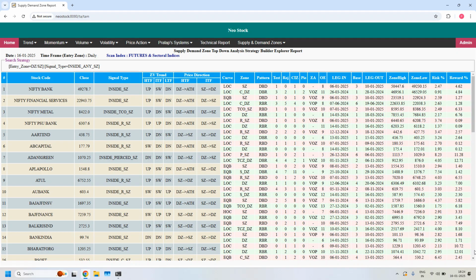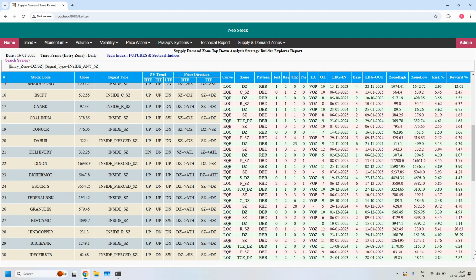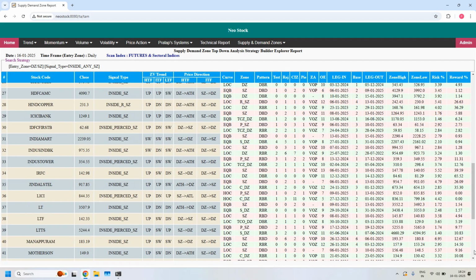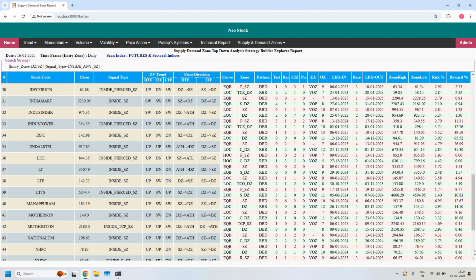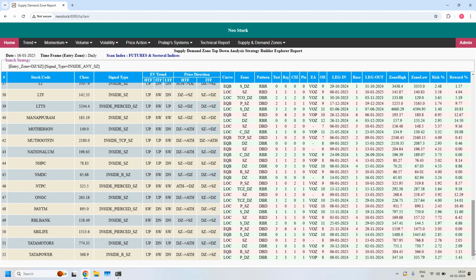I am scrolling the list down. So total 52 stocks are filtered where price closed inside the daily supply zone.